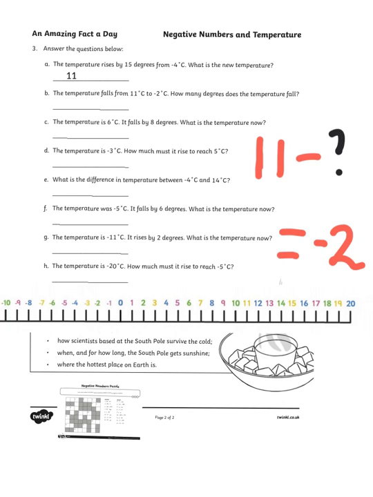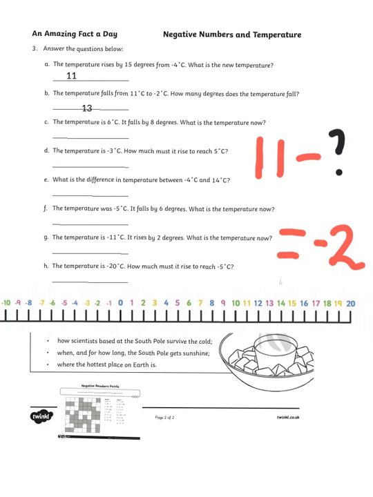Now when you're subtracting, of course, you're moving down the number line, you're getting lower and lower. For example, if it was 11 minus 2, you just go down 1, 2. But this is 11 minus something to get to -2. So let's do it. 11 to -2 is 1, 2, 3, 4, 5, 6, 7, 8, 9, 10, 11, 12, 13. 13 is the answer, but I'll check that in a moment.